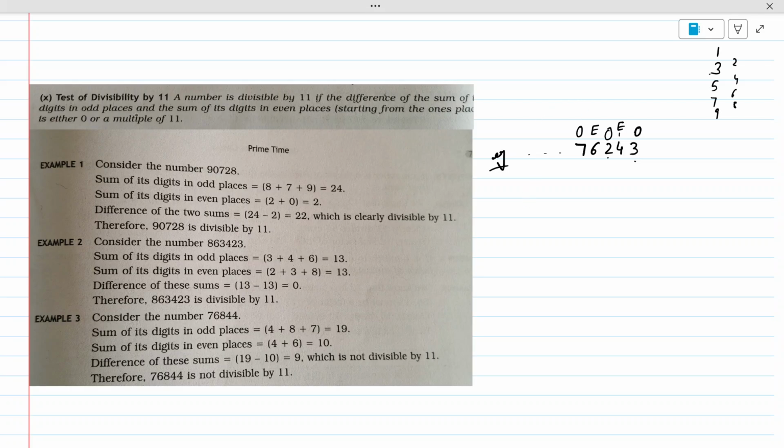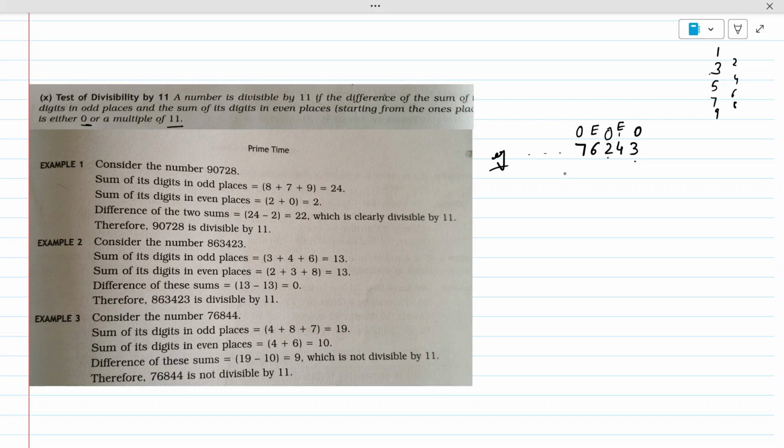Now coming to the rule to check the divisibility by 11. It says a number is divisible by 11 if the difference of the sum of the digits in odd places and the sum of the digits in the even places is either 0 or a multiple of 11.